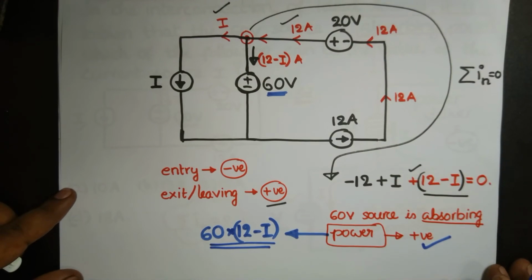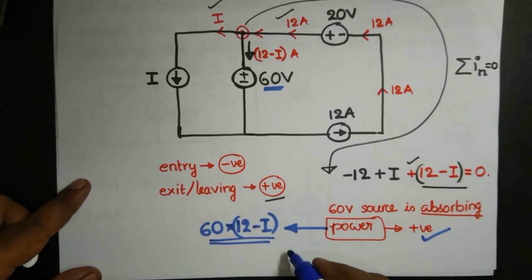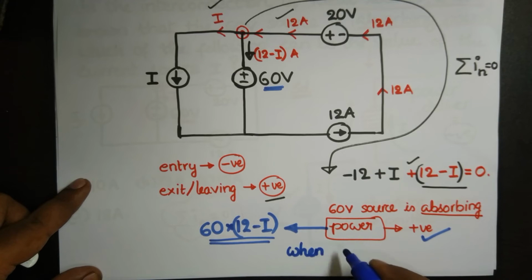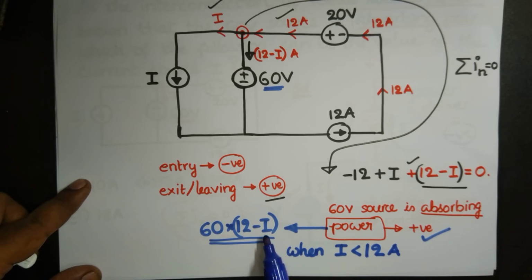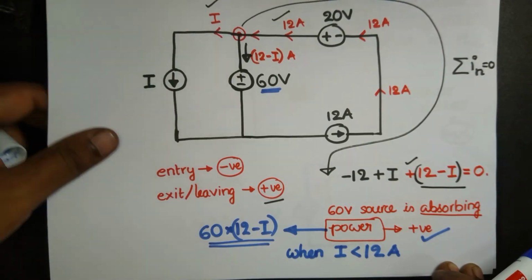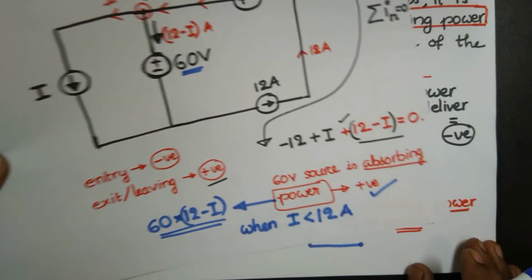When can we say 60 into 12 minus I is positive? When I is less than 12 amperes. If I plug in anything less than 12 amperes, then 60 times this quantity becomes positive. So without solving further, we can find the correct option. I less than 12 amperes.